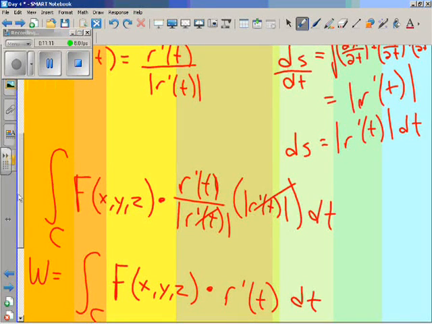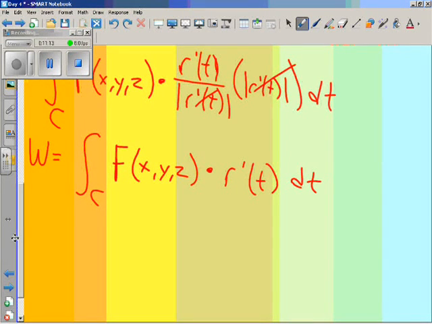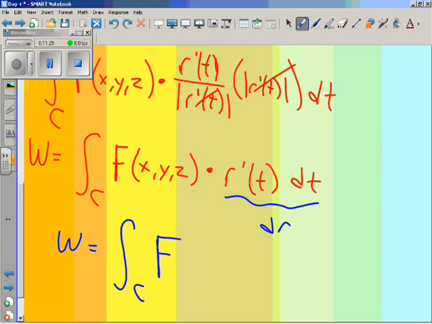Well, we can call r'(t) dt, this little thing right here, just dr. And so the other way it's often written is the integral over C of F dotted with dr. It's a little funny to think of having the dot product with our differential in the integral, but this is really all it means.